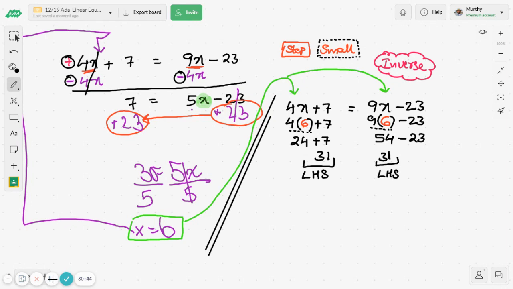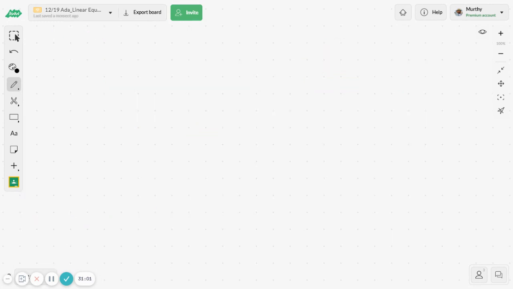That shows that whatever value of x I got is correct. So my value of this variable is absolutely fine.